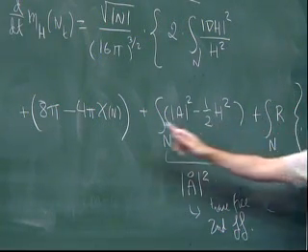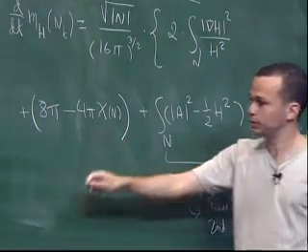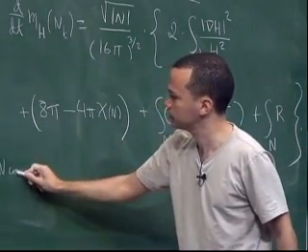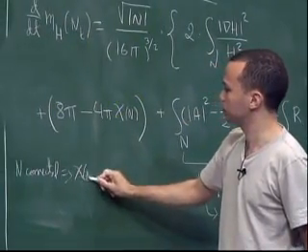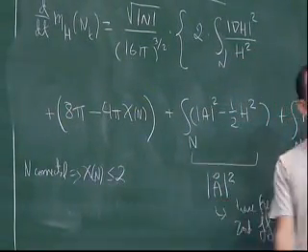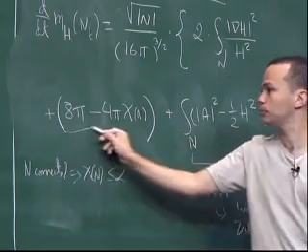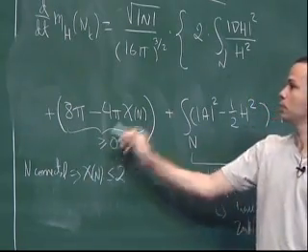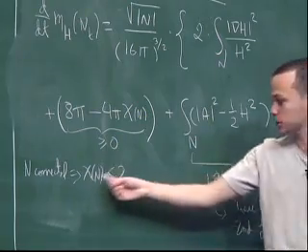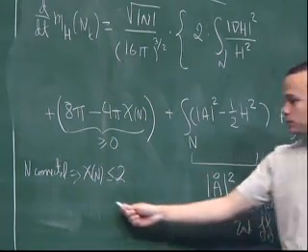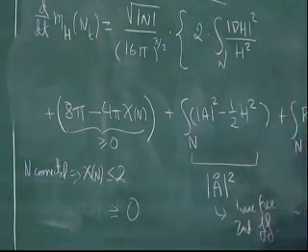And for this, I need N to be connected. If N is connected, I know that the Euler characteristic of N is at most 2. So again, this guy is non-negative. So the corollary is: under the conditions that the surface is connected and the scalar curvature is non-negative, the Hawking mass is actually non-decreasing with time. That's the formula.